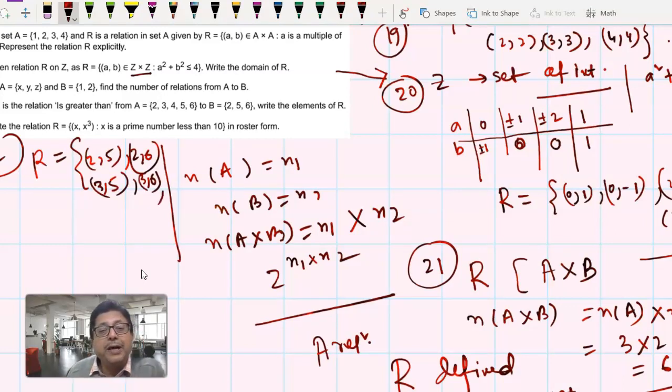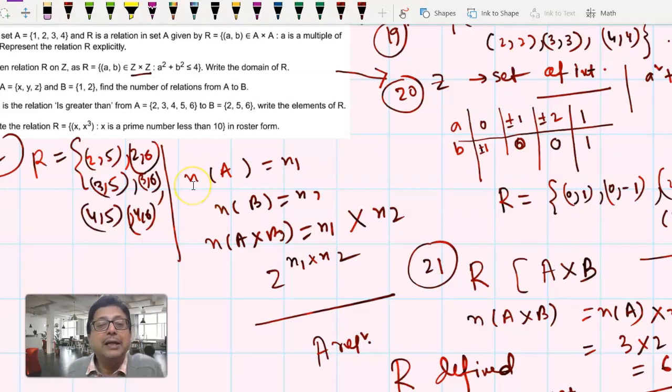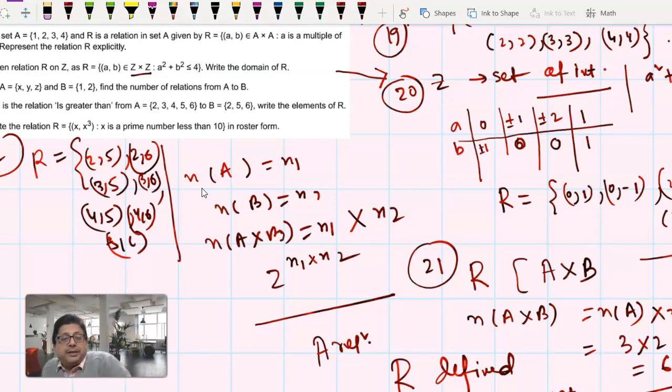Then there may be 4 5, 4 6, then 5 6. No other possibilities will be there. So number of elements in R will be 2 5, 2 6, 3 5, 3 6, 4 5, 4 6, and one more, that is 6 comma 6.